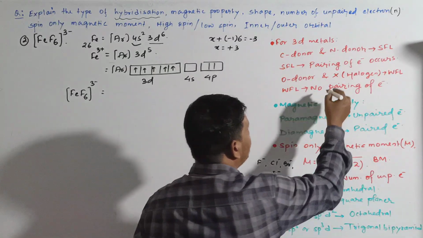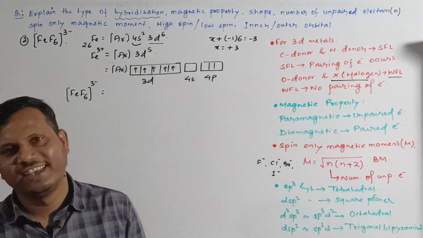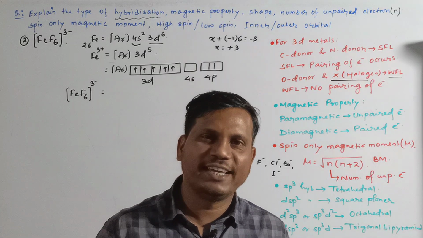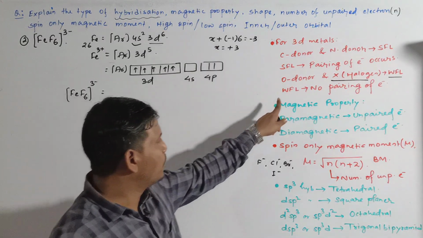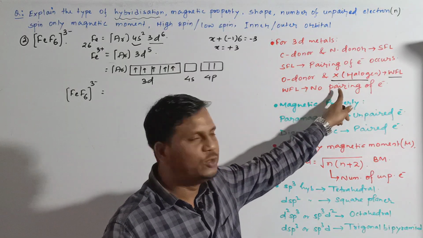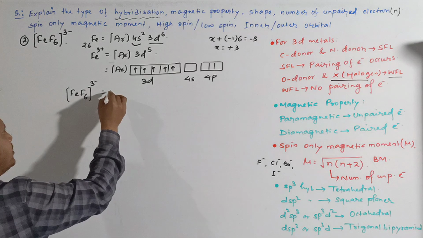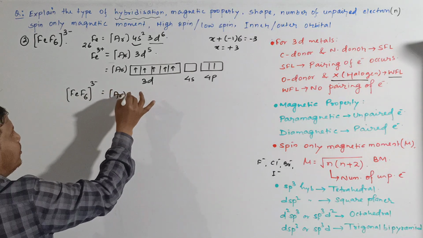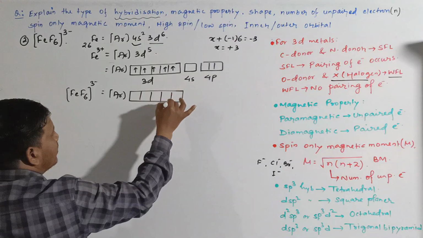These all are halogens, and we know that halogens are weak field ligands. If it is a weak field ligand, then no pairing will be there, because a weak field ligand will not pair the electrons. So the electrons will remain the same.